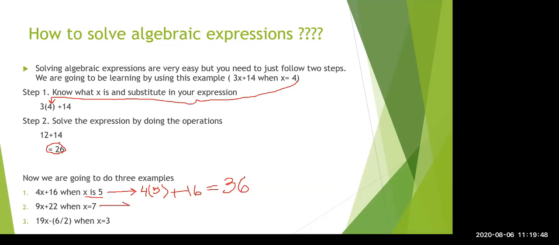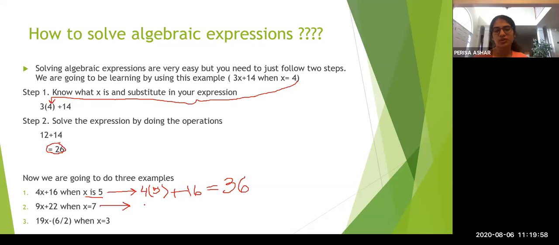Does anyone want to volunteer to help me with this problem? You can just say the answer out loud. Just plug in the variable, and then if anyone wants to say the answer.